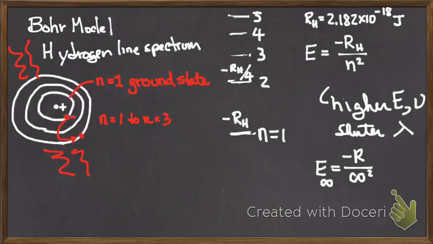Infinity, that's a lot when you're a kid. It's 0. It's like, what is your financial value versus Bill Gates? 0. I have nothing in terms of money on him. This comes out to be 0. So in fact, the infinitieth level, that's way up here, that's 0. And so these are all energies lower than 0. That's why minus RH is the lowest, and so forth as you go up.